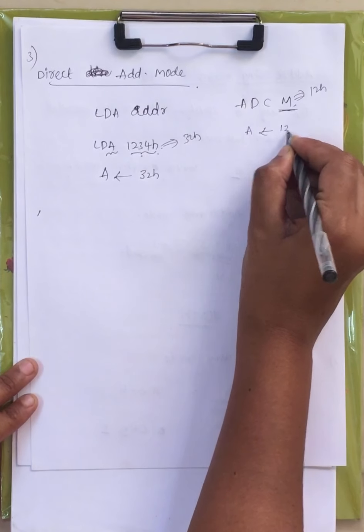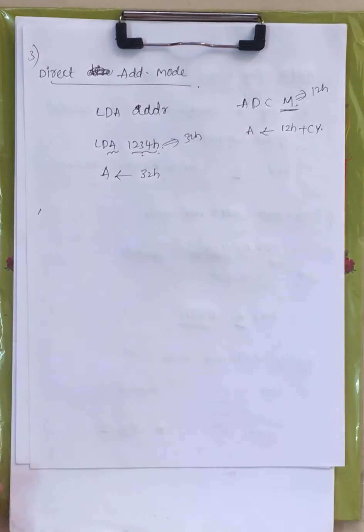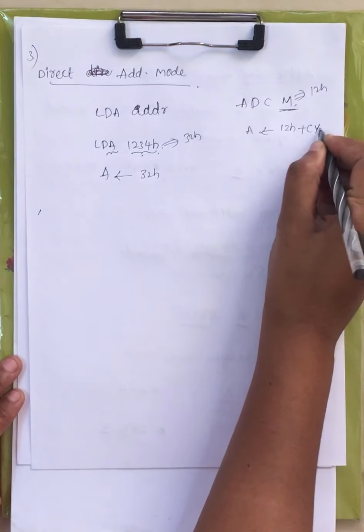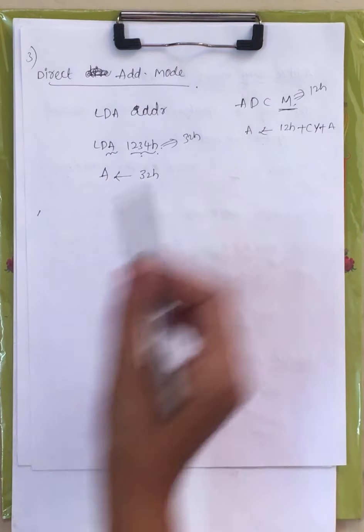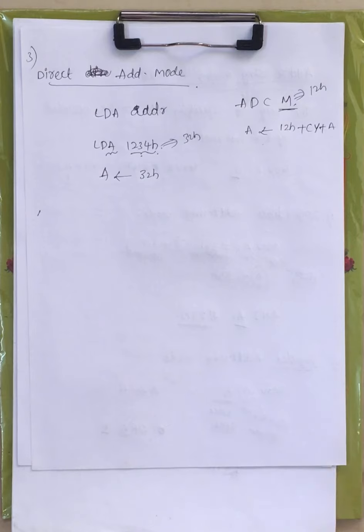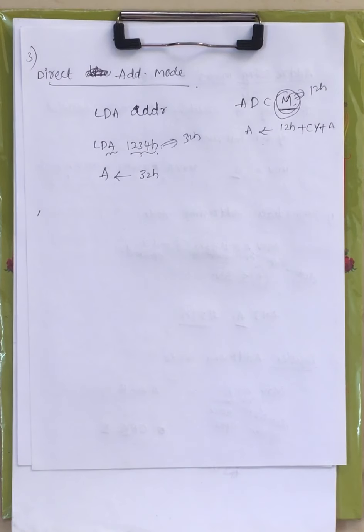The contents of the memory location, along with carry, are added with the contents of the accumulator and the result is stored in the accumulator. This also comes under direct addressing mode because the source operand is a memory location.